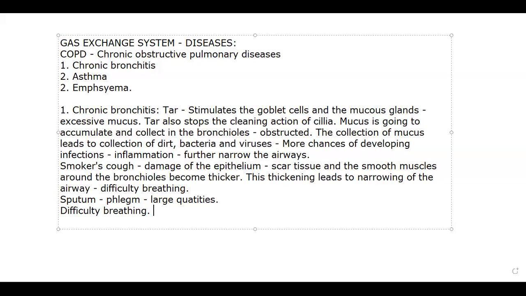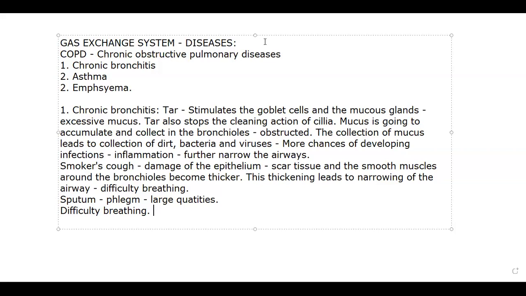The body doesn't release them to harm us. Those chemicals go to the airway and cause bronchoconstriction. The narrowing of the airway makes it harder and harder for the person to breathe.